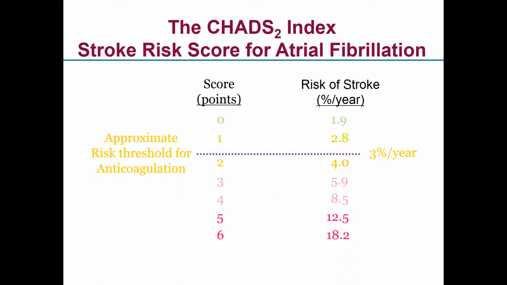But then the other key point is if you start getting these high CHA2DS2-VASc scores, 4, 5, and 6, your annual stroke risk becomes incredibly high, above 10%, and over several years would be, I believe, unacceptably high.